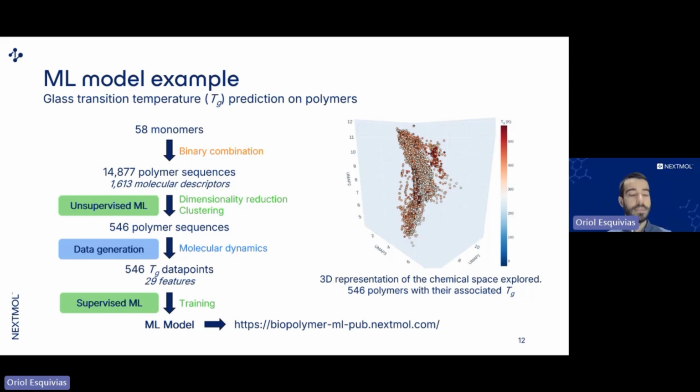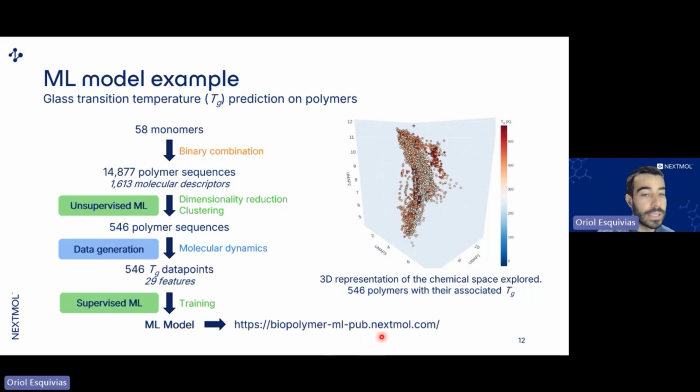Then we generated data with molecular dynamics simulations, and what we obtained is 546 glass transition temperatures, one for each polymer. And with this property and the molecular features, in this case, we did the reduction from these 1,600 to 29 molecular descriptors. With this, we trained our supervised machine learning model.